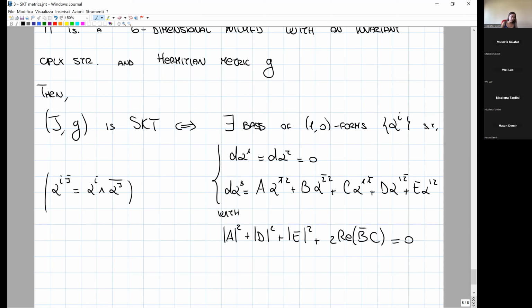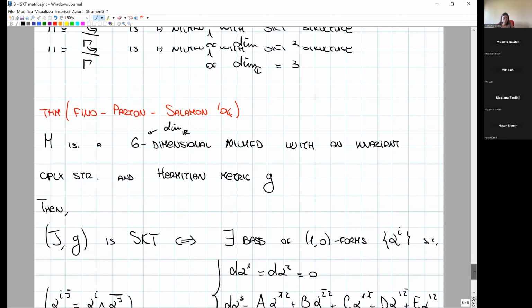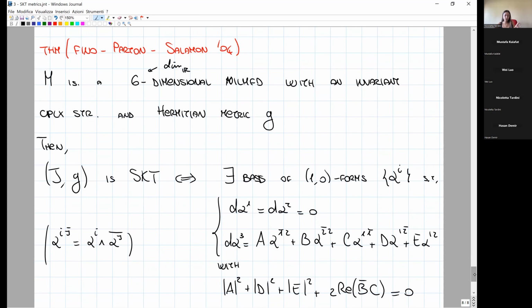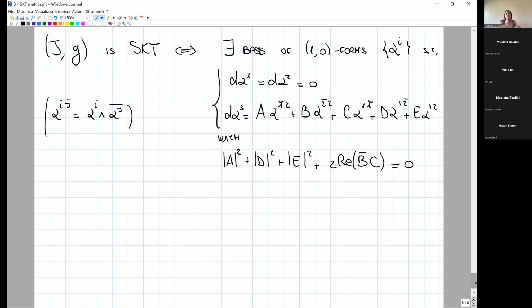Okay. So what is this theorem saying? That if you have a nil-manifold of real dimension 6 with invariant Hermitian structure, the structure is SKT if and only if there is a basis doing this, okay, with some particular structure, okay?